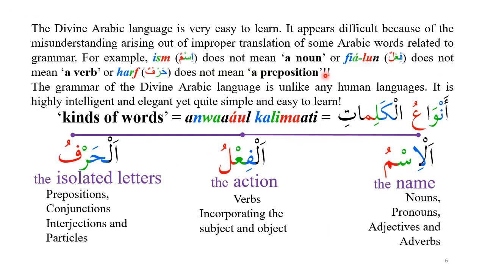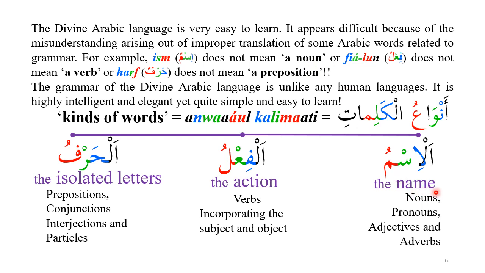Now, there are 3 kinds of words in Arabic, called ism, fi'al, and harf. Usually a problem that arises when learning the Arabic language for the non-native speaker is that most of the books about Arabic just translate ism as noun, but it's not, and they translate the fi'al as a verb and the harf as preposition. All 3 are incorrect.